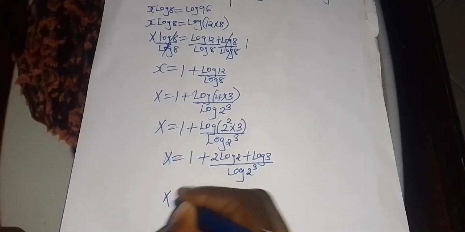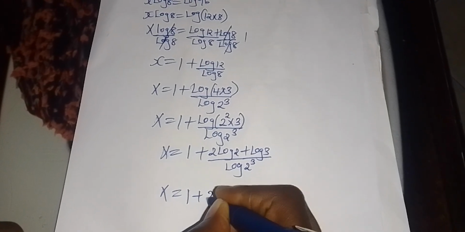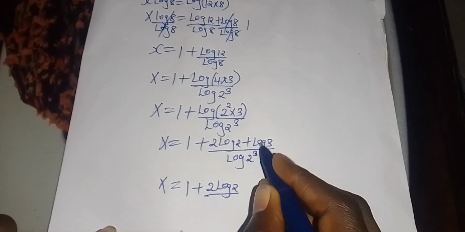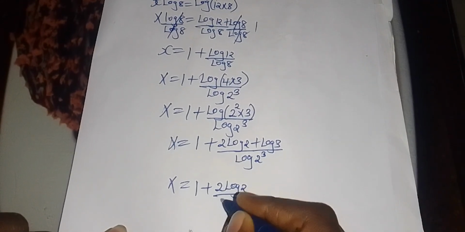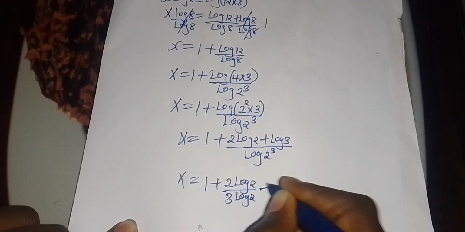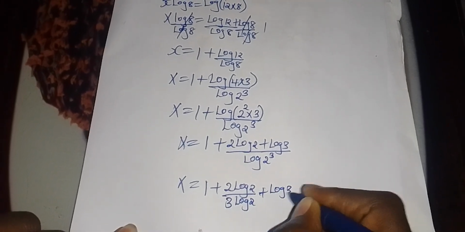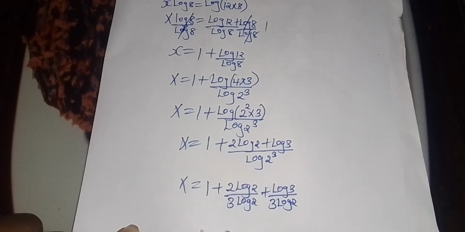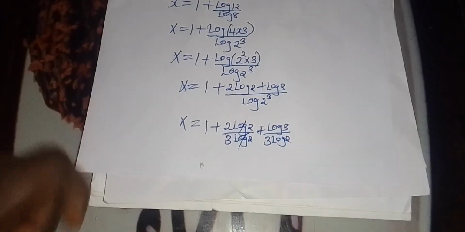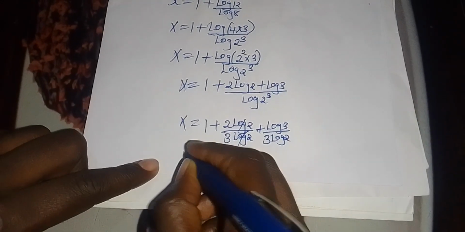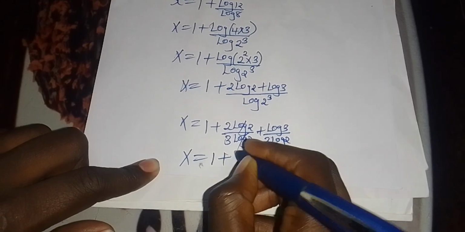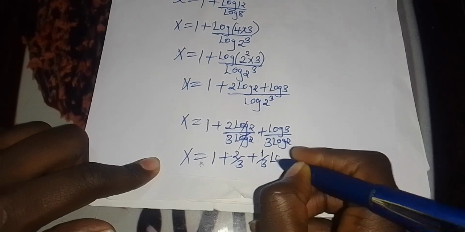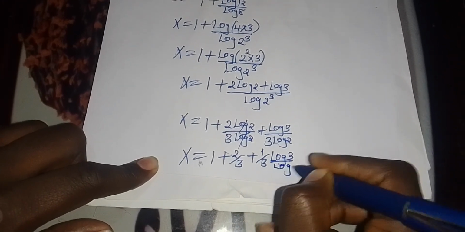Okay, so again we'll have 1 plus 2 log 2 plus log 3, divided by, now we can transform this using the first property, 3 log 2. Okay, log 2 is common, so we simplify, so that we'll have x is equal to 1 plus 2 over 3 plus a third log 3 divided by log 2.